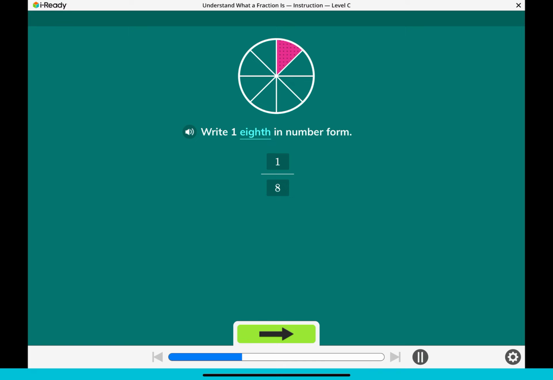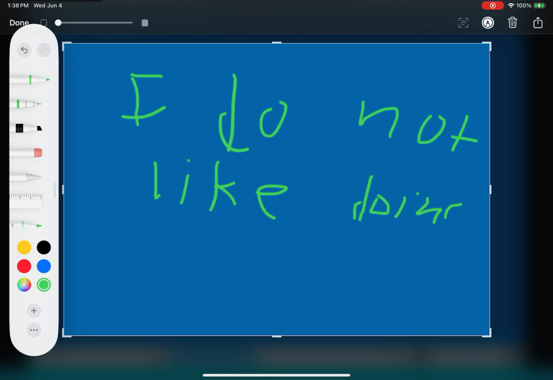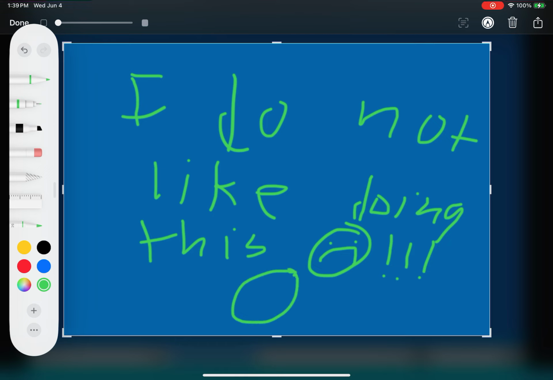Build a model that shows 1/3. First, choose the model that shows thirds. Now shade the model to show 1/3.